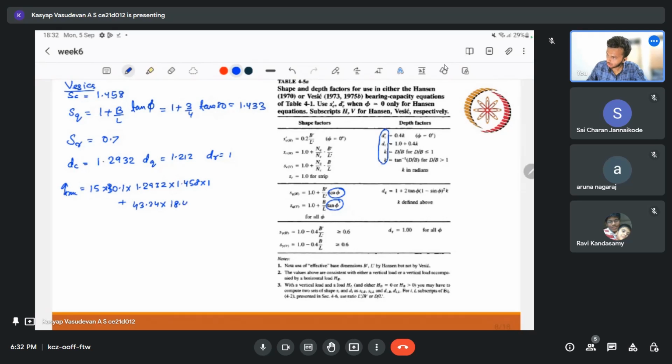Nq was 18.4 into 1.433. Sq has changed, so we have to write that, into 1.212 into 1 plus half into gamma into B into N gamma.